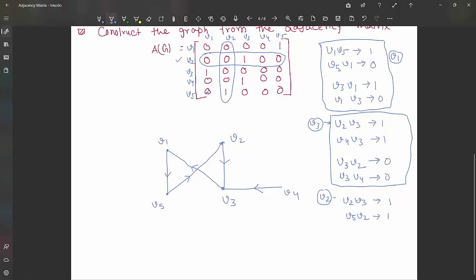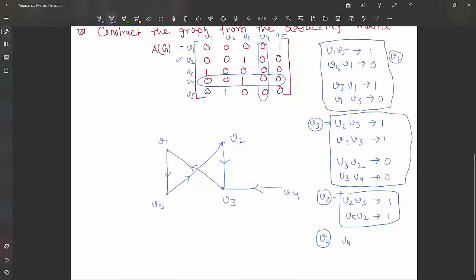So now we come to the V4 case. Now for V2 this is the observation. Now comes the V4 case. If you take V4, this is the row and this is the column corresponding to V2. If you observe in the column there is nothing, but in the row there is one, V4 to V3.